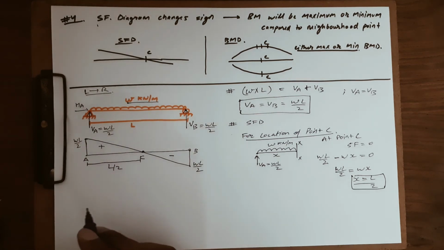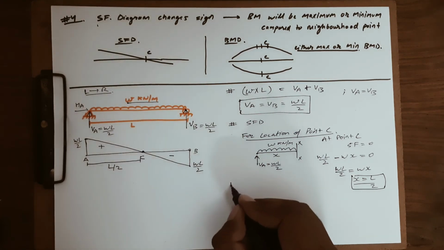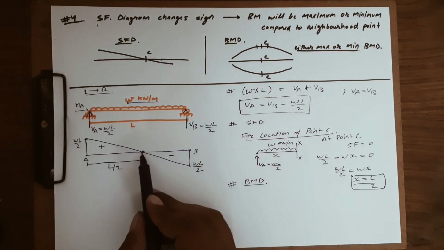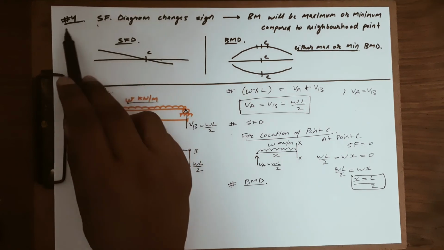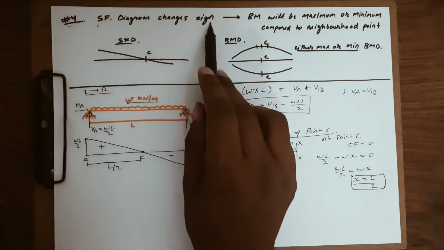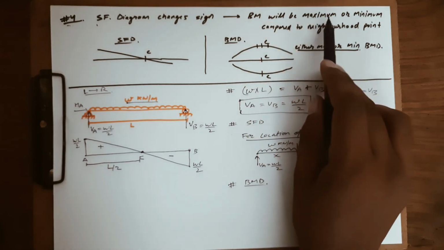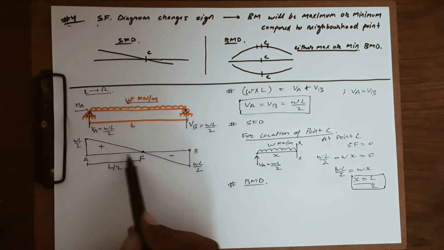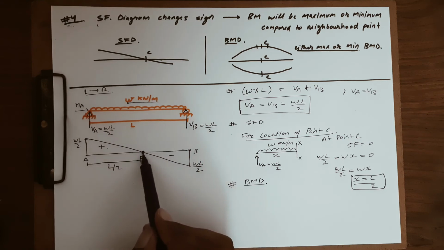Now we have to find the bending moment diagram. By using point number 4, we say that where the shear force diagram changes sign, the bending moment will be maximum or minimum. So at C, our shear force diagram changes sign, so we will be getting the maximum bending moment.